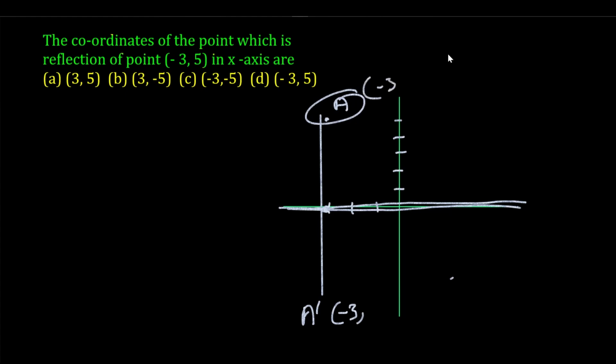A is minus 3, 5, so it will turn into minus 3, minus 5. So we should remember that whenever it is a question of reflection, if it is along the x-axis, then x remains the same and the y coordinate reverses its sign. And if it is along the y-axis, then you'll figure out that y remains the same and the x coordinate's sign gets reversed.